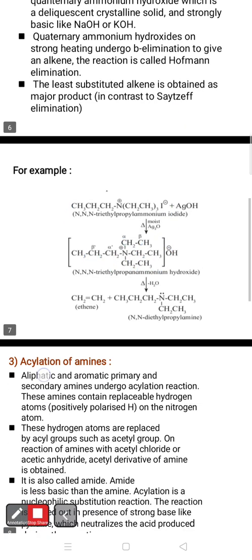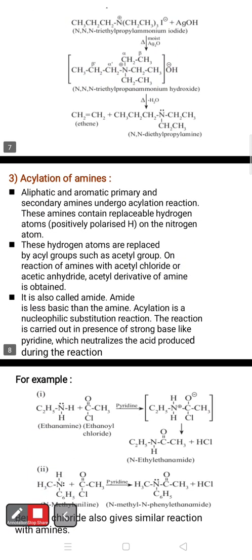Then acylation of amines. Acylation means addition of an acyl group. In that, aliphatic and aromatic primary and secondary amines undergo acylation reaction. These amines contain replaceable hydrogen atoms, positively polarized hydrogen on the nitrogen atom.